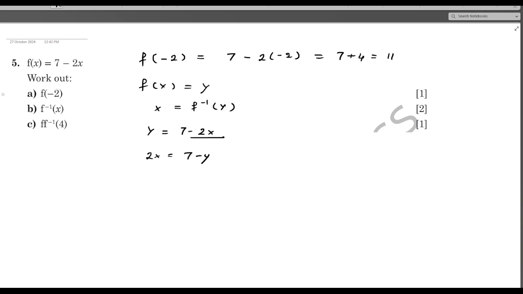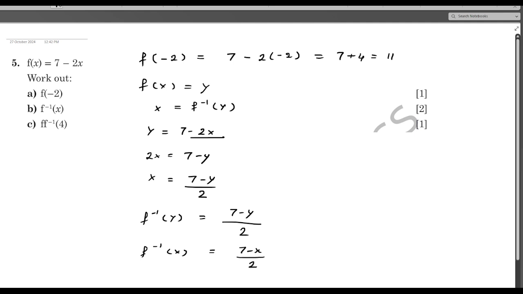I bring this minus 2x to the left and this y to the right. So this gives me x is equal to 7 minus y divided by 2. This x is nothing but f inverse y. So f inverse y is 7 minus y divided by 2. Therefore, f inverse x is equal to 7 minus x divided by 2.